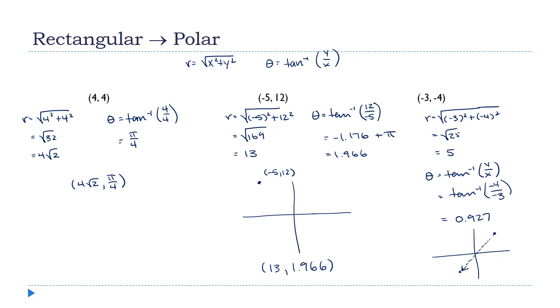So if I said negative 5, comma 0.927, that works. That describes the point that I'm looking for as well. And you can check these. Use the formulas x equals r cosine theta, y equals r sine theta, and convert it back into rectangular coordinates. You can use that to confirm that you really did get the right location.